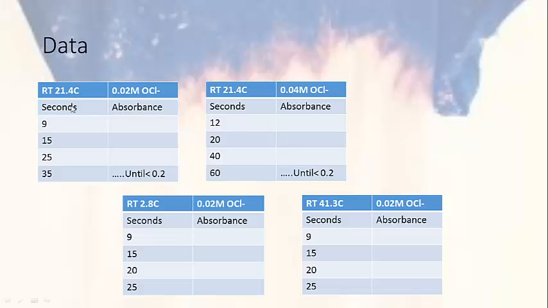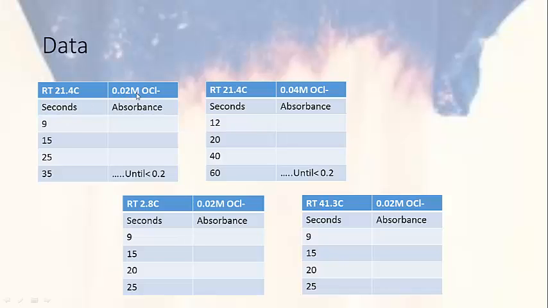So you will be recording time and absorbance throughout the course of the reaction. In part 1, you will need to record the absorbance until it's less than 0.2 units. So this may go on quite a ways here, much past 35 seconds. But this 9 seconds represents, okay, this is as quickly as I could put it into the spectrophotometer, and I started reading.